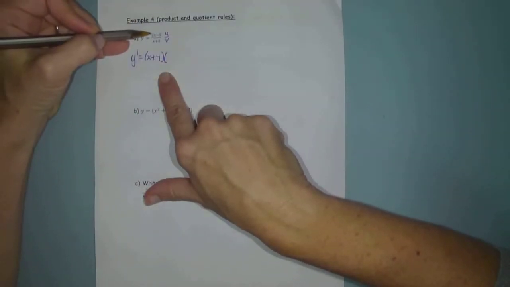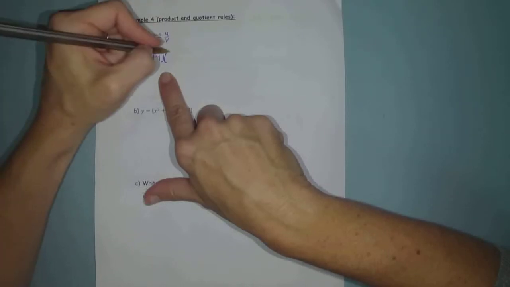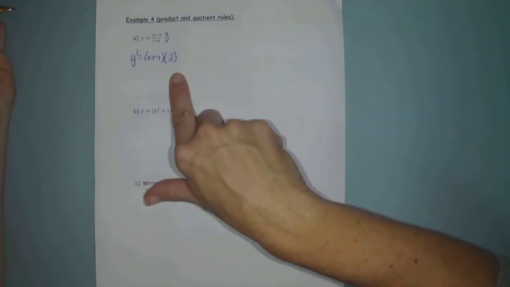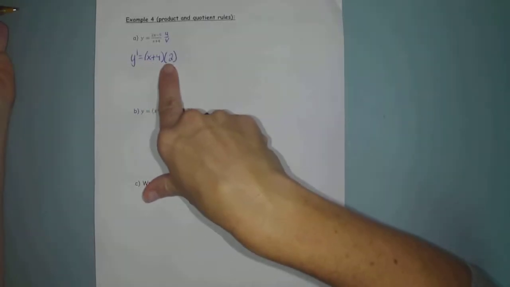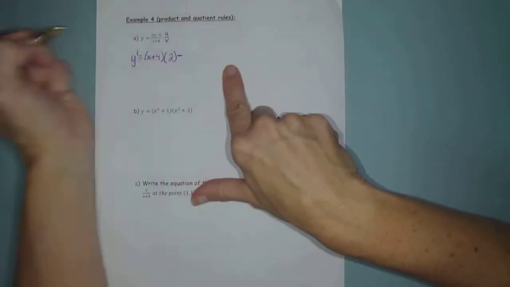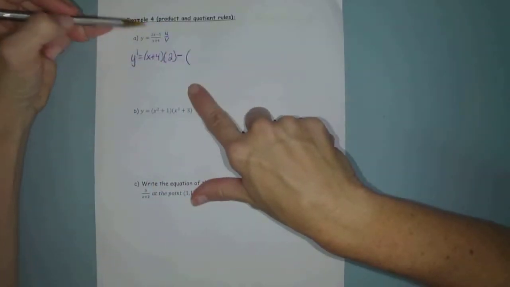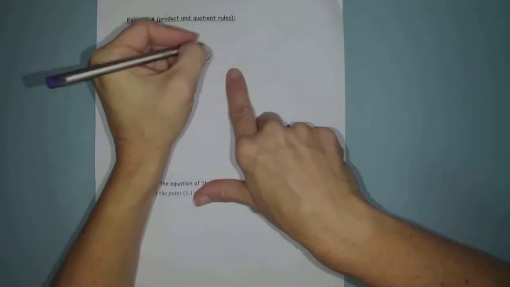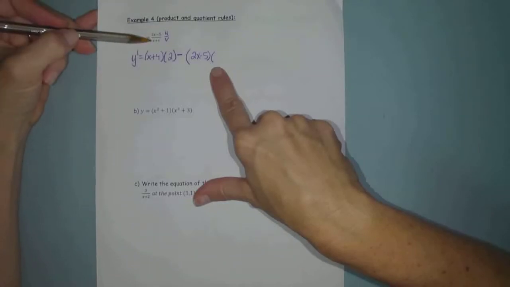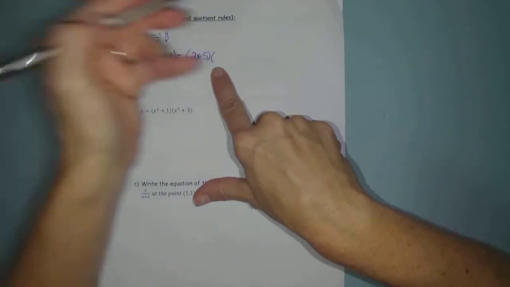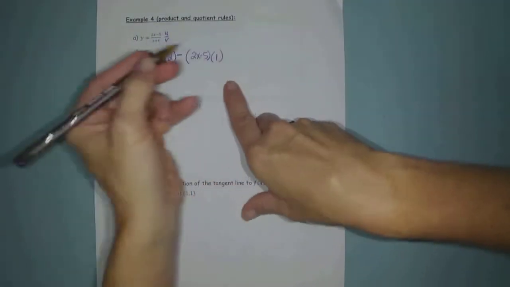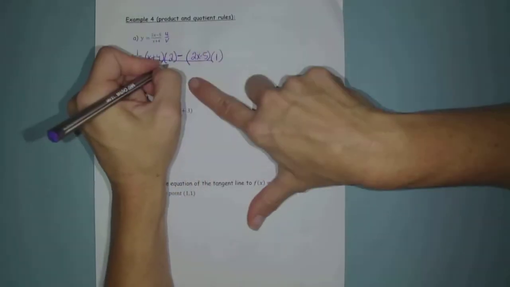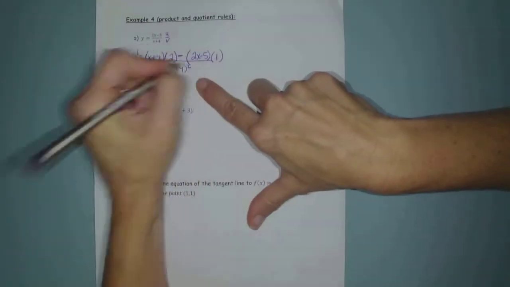The derivative of 2x minus 5 is just 2. So bottom times derivative of top minus top, 2x minus 5, times derivative of bottom. The derivative of x plus 4 is just 1. And this is all over the denominator squared.